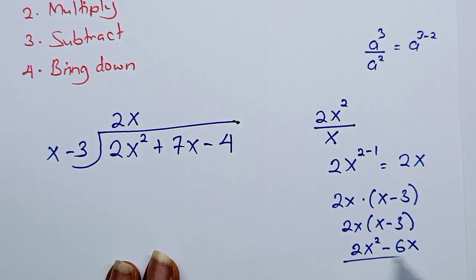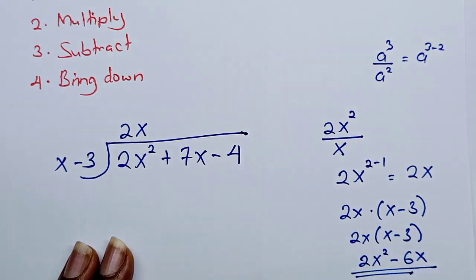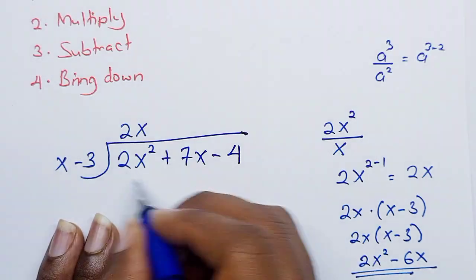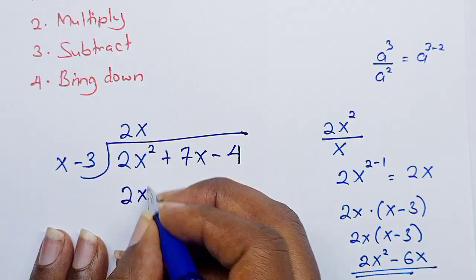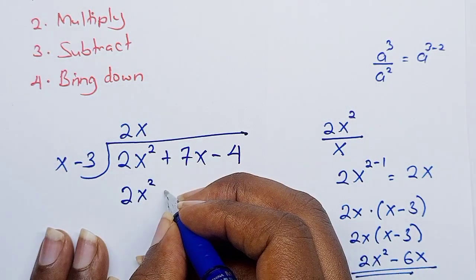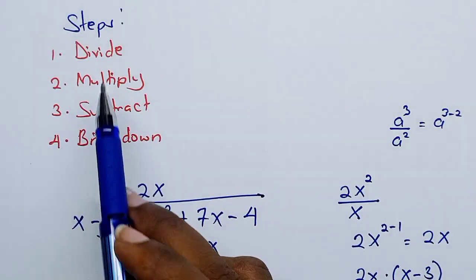Now you get this answer and put it here, just under the quotient. So we shall have 2x squared minus 6x. So now we have finished multiplying.